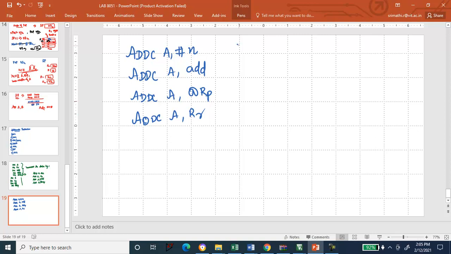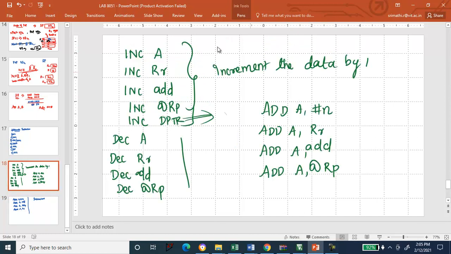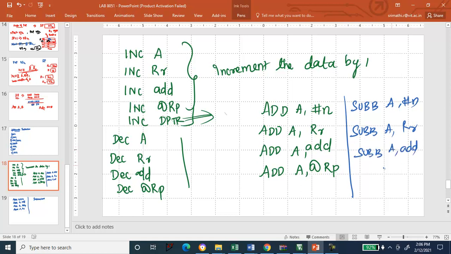Coming to your subtraction, SUBB, okay: SUBB A comma #n, SUBB A comma Rn, SUBB A comma address, SUBB A comma @Ri.